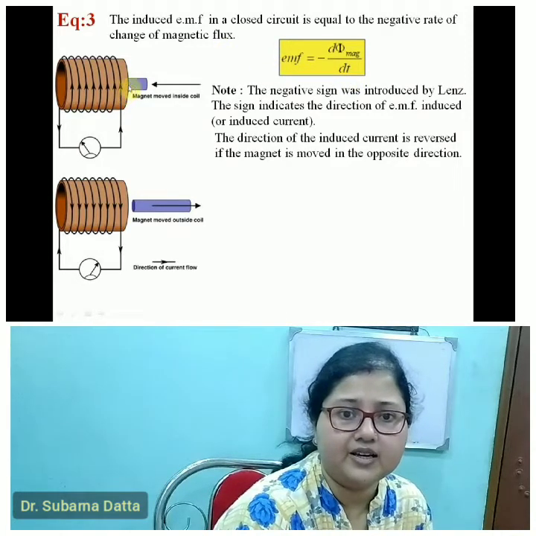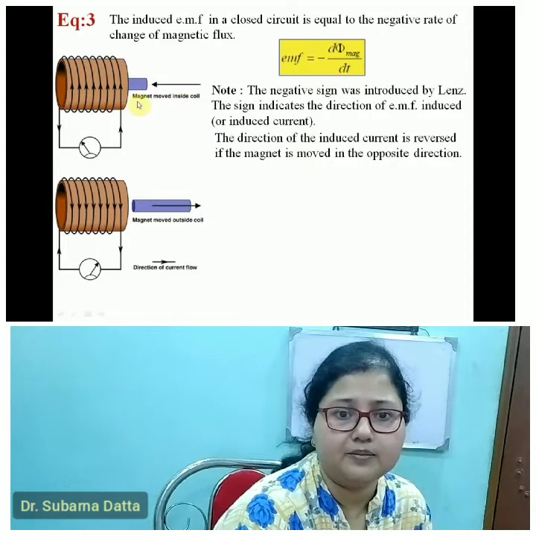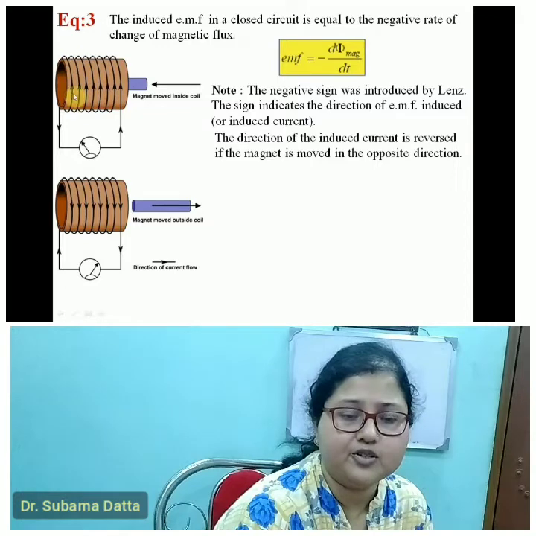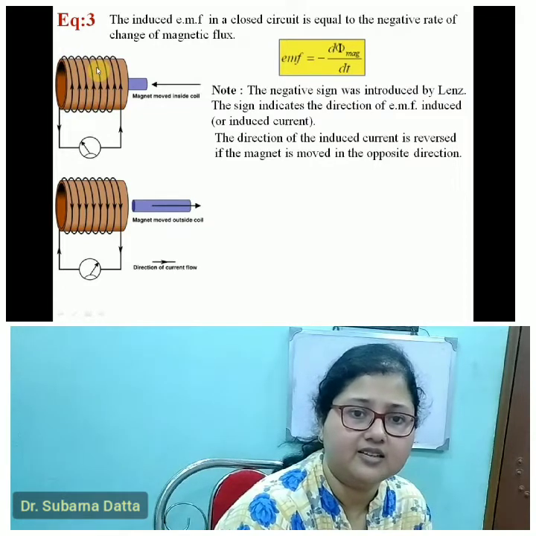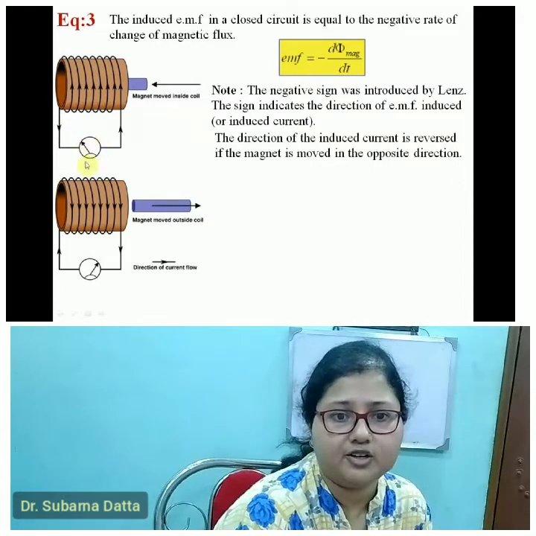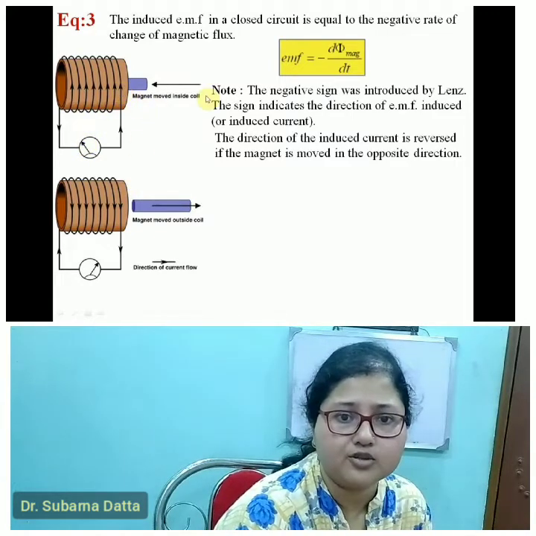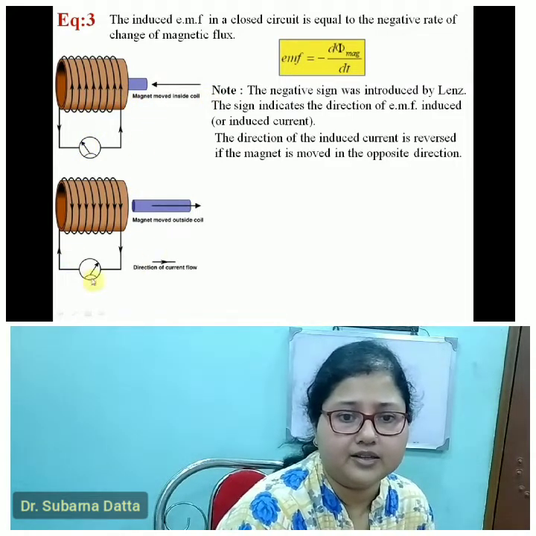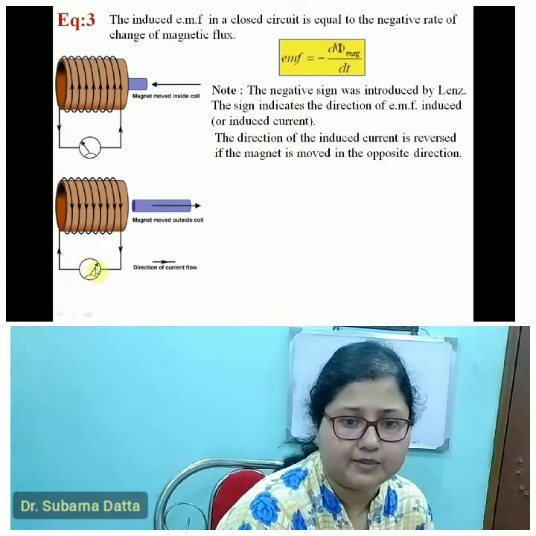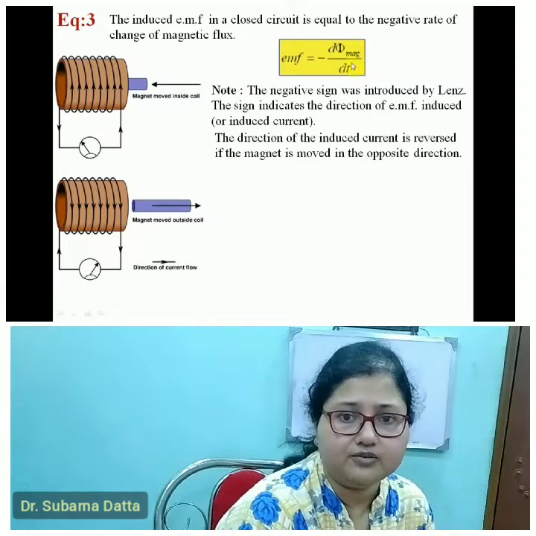Suppose there is a circuit, and if a magnet is moved inside the coil, then an induced EMF is generated and a current flows. The galvanometer deflects, and if the magnet is moved out of the coil, the galvanometer deflects to the opposite side. The induced EMF always opposes the change of magnetic flux, so a negative sign arises.